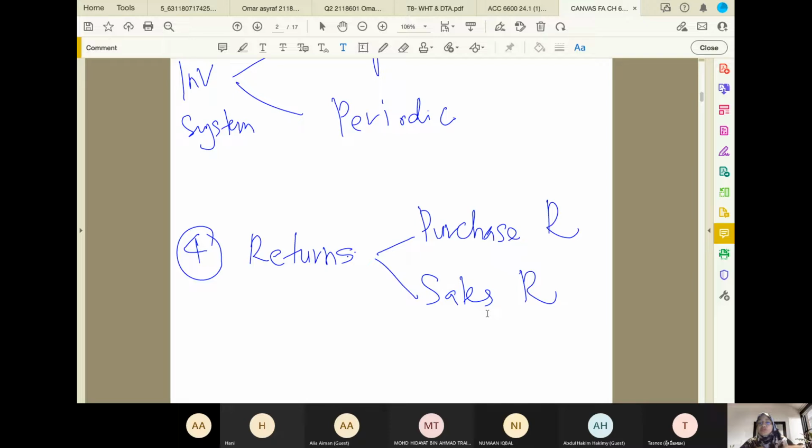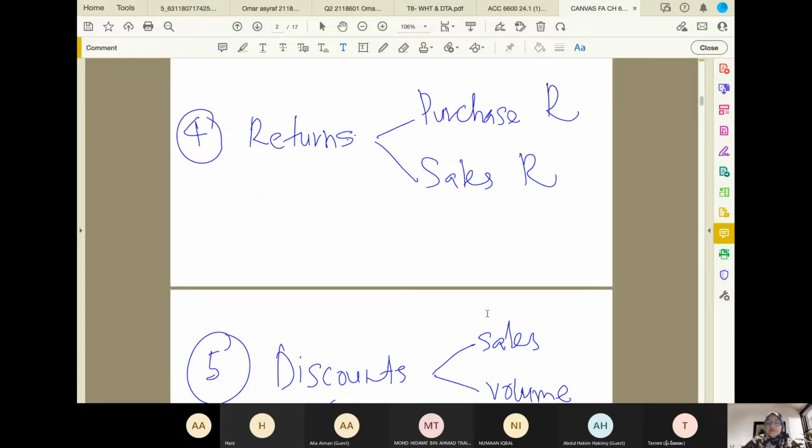So that's a purchase return. It's a contra to your purchases. If you purchase inventory, the inventory comes in, but a purchase return means inventory goes back to the accounts payable. Similarly, you have a sales return when you make sales to your customer and the customer is not satisfied, then they may return the goods to you. That's what we call sales return.